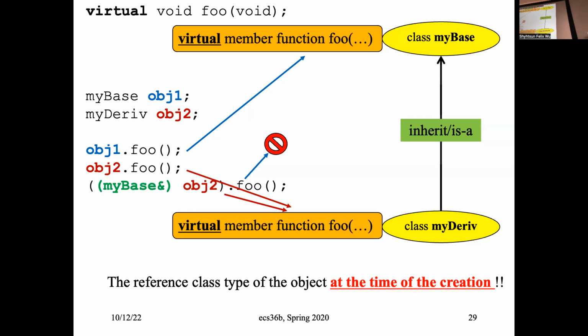If you move a derived, then whatever you create, that association will remain the same for the whole lifetime of the object. If you use a copy constructor, then it's not, because depending on the time when you do the copy, are you copying as my base or as my derived? Copy is considered a creation. Excellent question about the move.